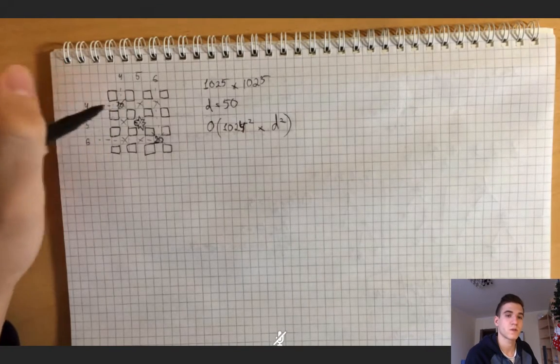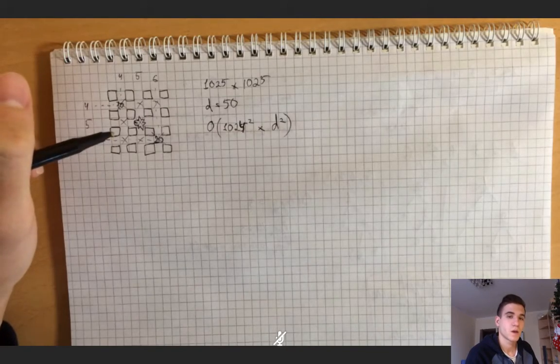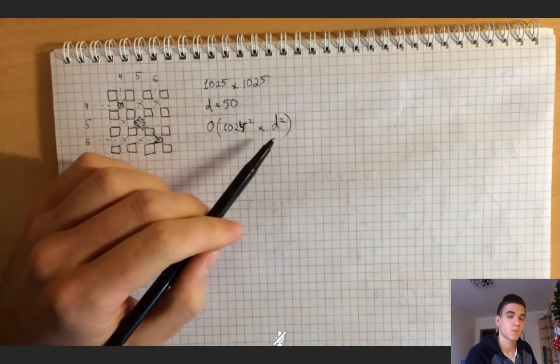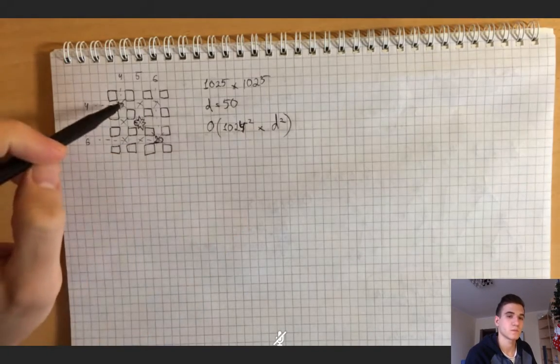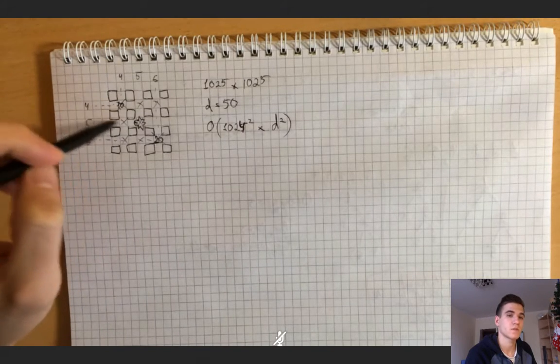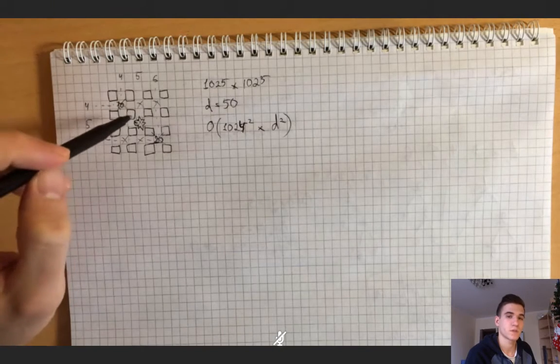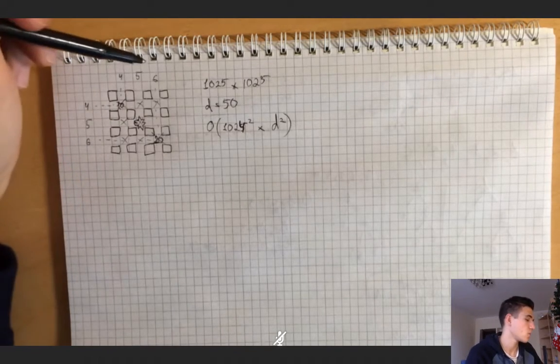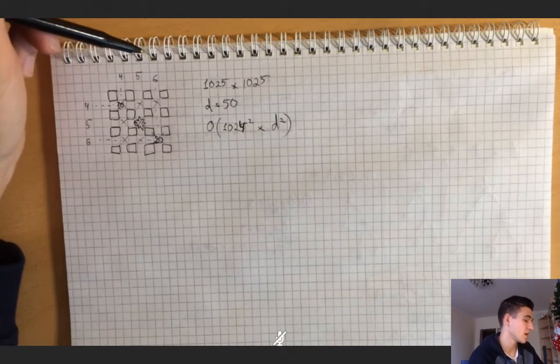I will clarify this later. And multiply by D squared, because we have to make this check of the bomb radius every time we go to another cell. So how may the backwards approach be applied here?